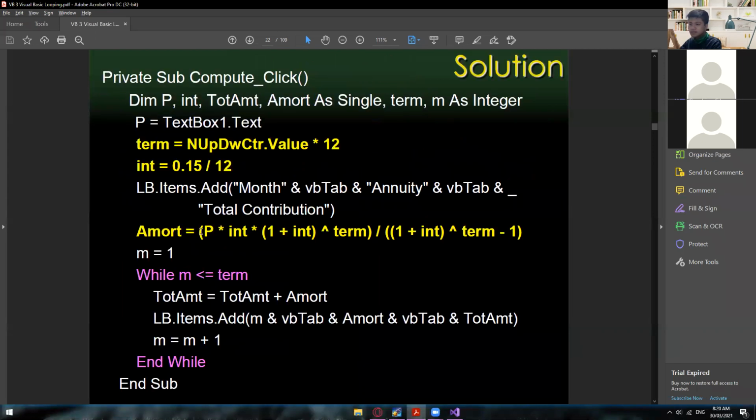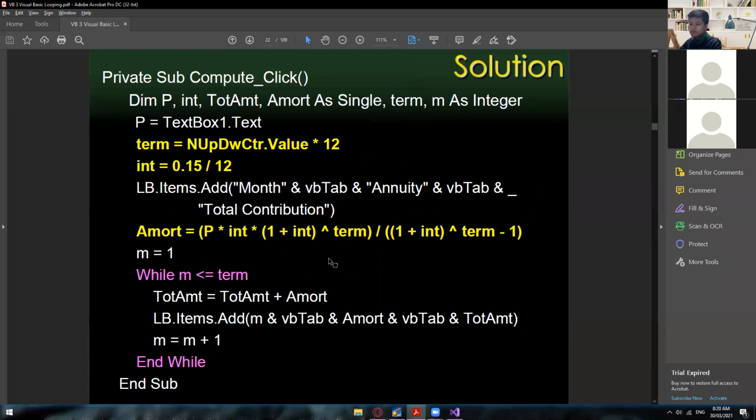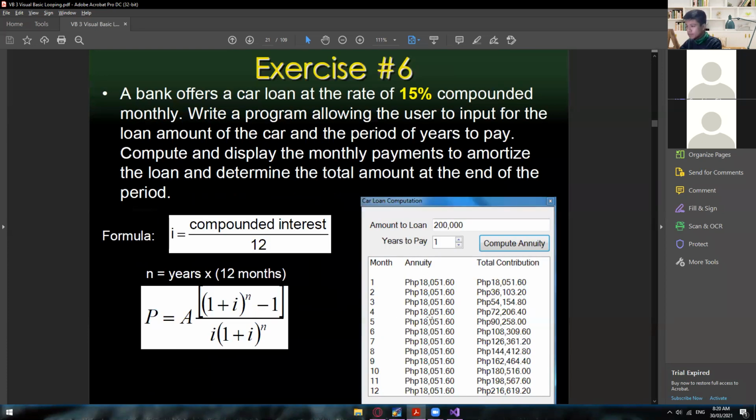So let's see. Amortization. All right. So this letter P is your amortization amount, which is this one, the annuity.